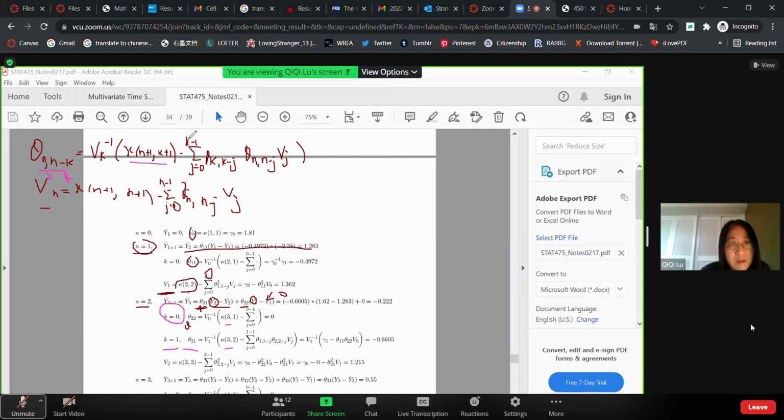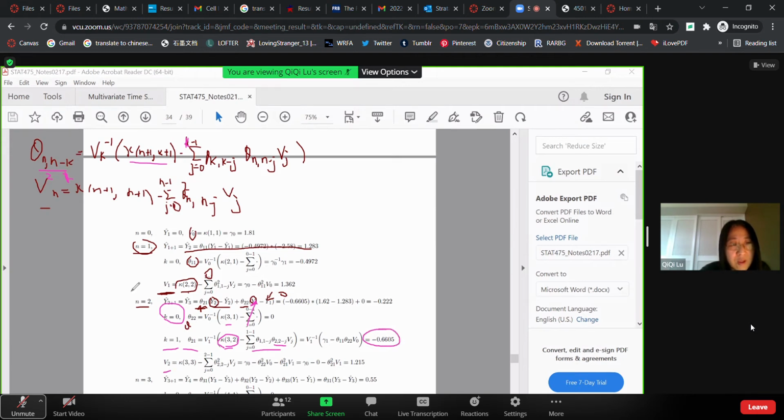And minus, so this is k minus 1. When k equals 0, this term is 0. When k equals 1, that's j from 1 minus 1, so one term in here. This is gamma 1, time difference is 1. And we have j equals 0, so theta 1, 1, theta 2, 2, V0. Okay, we can calculate that one.